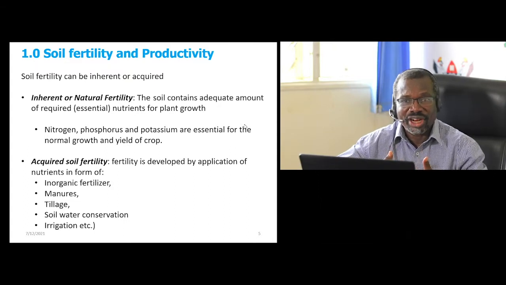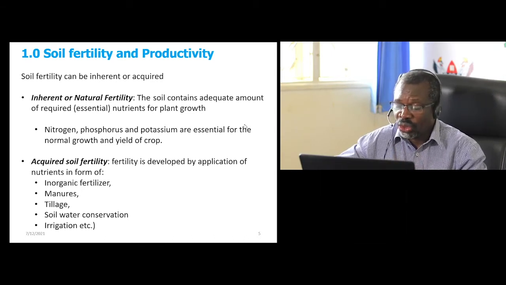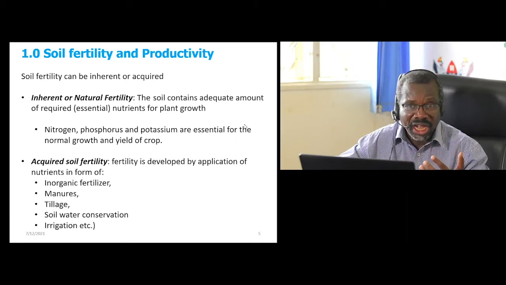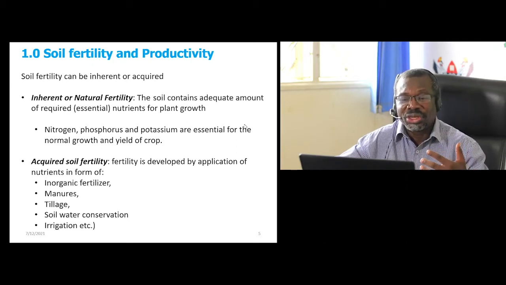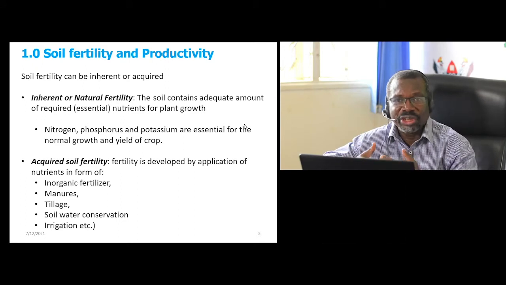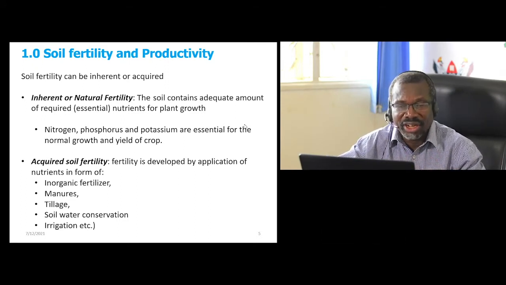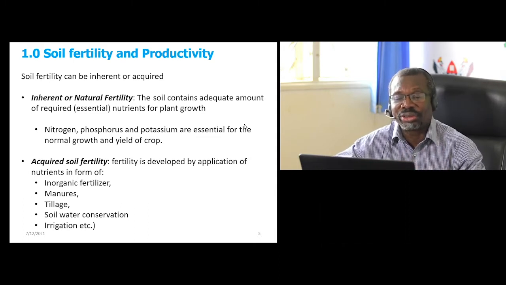Because the availability of water is very, very important, especially to allow movement of nutrients and uptake by the plant. So application of water through irrigation is one of the means of improving the fertility and the productivity of the soil.